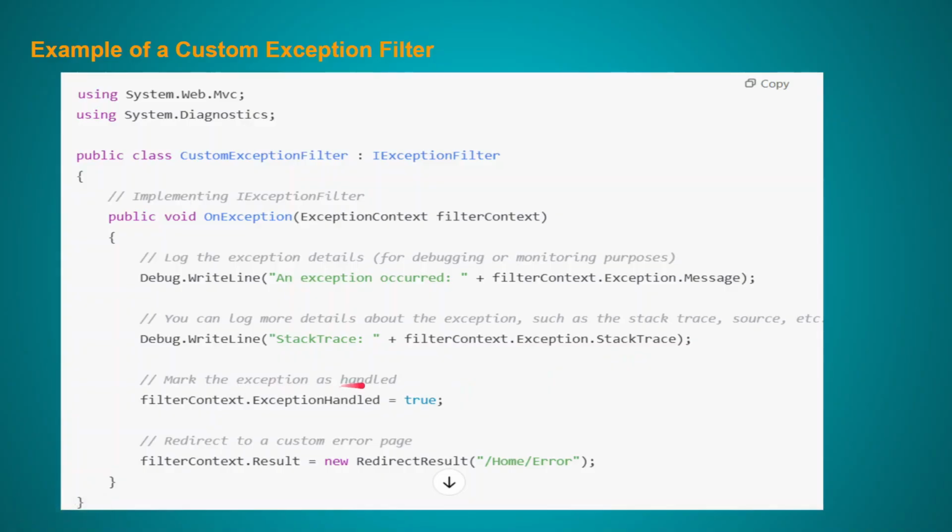Mark the exception as handled: filterContext.ExceptionHandled is equal to true, and we have assigned it true. Then redirect to a custom error page. So when any exception happens, we can redirect to the error page. filterContext.Result is equal to a new RedirectResult, created with the new keyword, pointing to the Home controller's Error page.